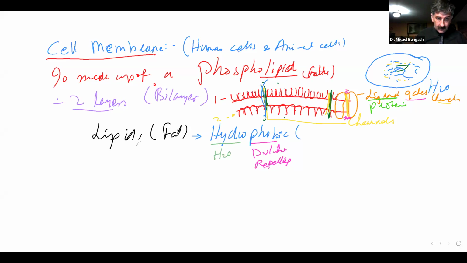Now, likewise, since your cell membrane is made up of lipids or fats, if it's hydrophobic, that makes it what we can call lipophilic.